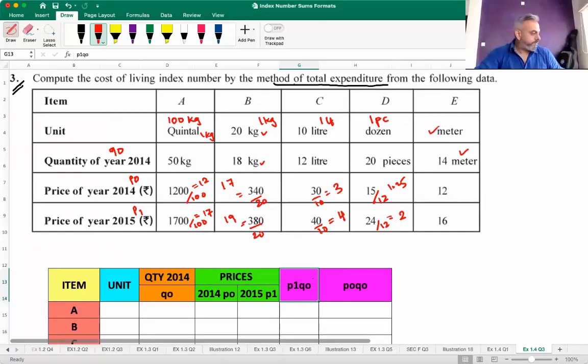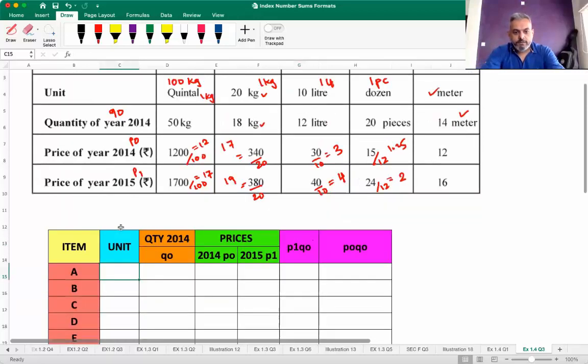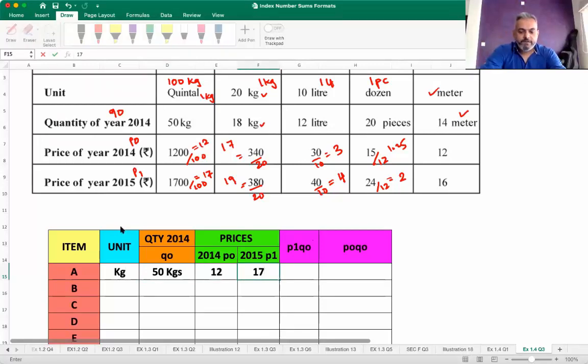Now let's go to the sum. Unit, first kg, quantity 50 kg. Price 12 rupees, 17 rupees. Item B, again kg, 18 kg. Price 17, 19.